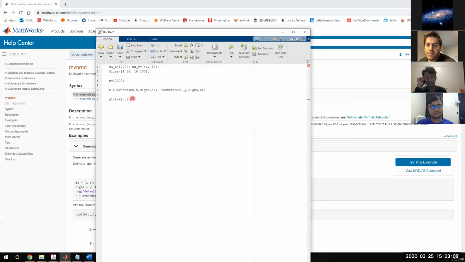So I'm gonna plot with the MATLAB command. This is gonna be all the x coordinates, and the second one is gonna be the y coordinate, and I'm gonna use a small dot. Let me use hold on. And I need to make the axis equal, otherwise it's going to be something very different.